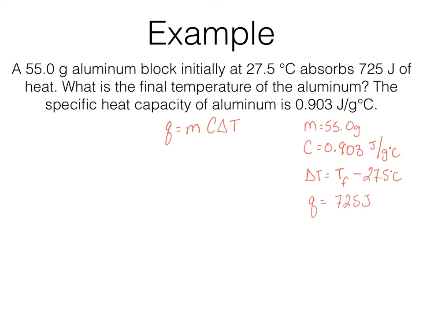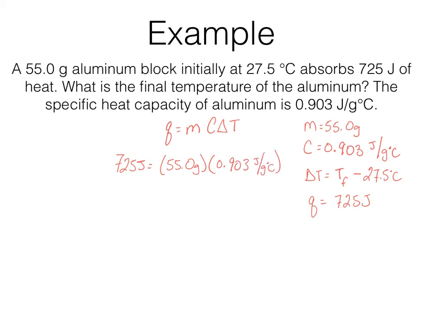So I can plug this in and I get 725 joules is equal to 55.0 grams times 0.903 joules per gram degree Celsius.